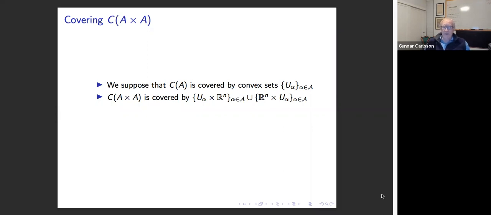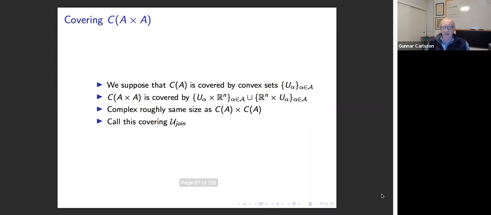And so that says that I'm covered by U alpha cross Rn, union Rn cross U alpha. And so what that says is that it's roughly the same size as C of A cross C of A, and we'll call this covering U join, because this actually exhibits the complement of A cross A as a join of C of A with itself.